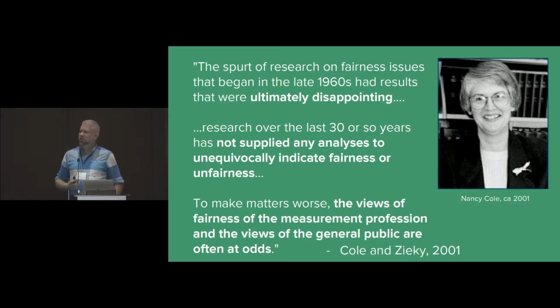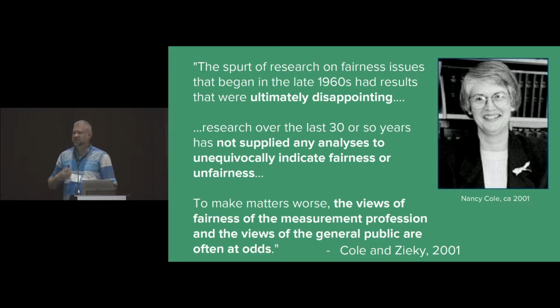And this same Nancy Cole in 2001 had this to say: "The spurt of research on fairness issues that began in the late 1960s had results that were ultimately disappointing. Research over the last 30 years or so has not supplied any analyses to indicate fairness or unfairness."